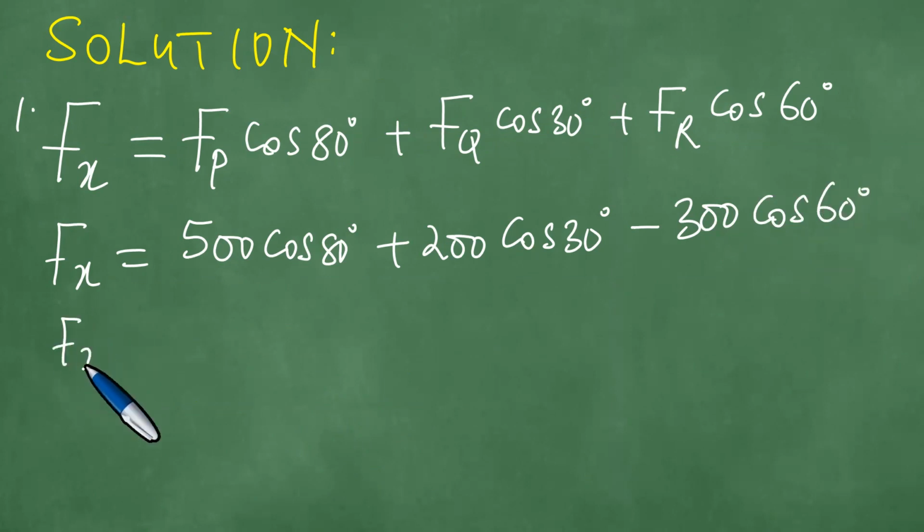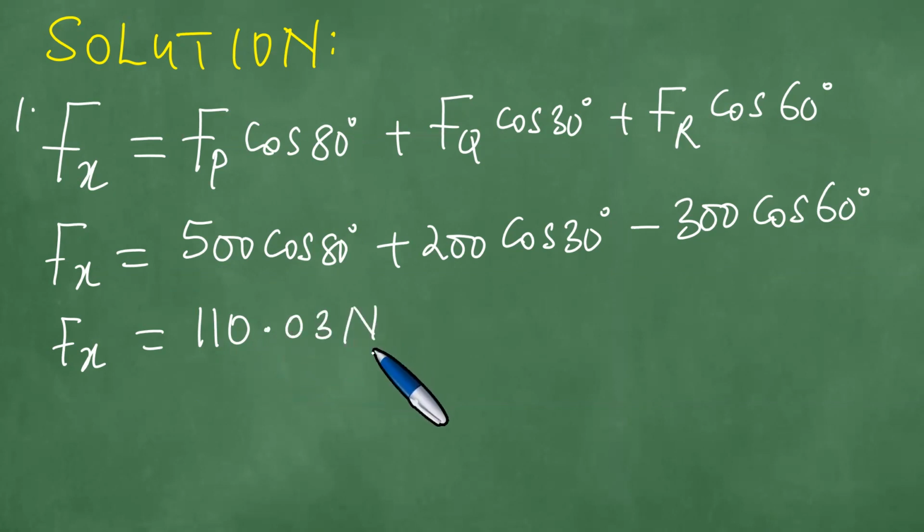And we proceed to use calculators to find the resultant force of all the forces in the x direction. Right, so now if you look at this very carefully, in the x direction, this is going to be 110.03 newtons.